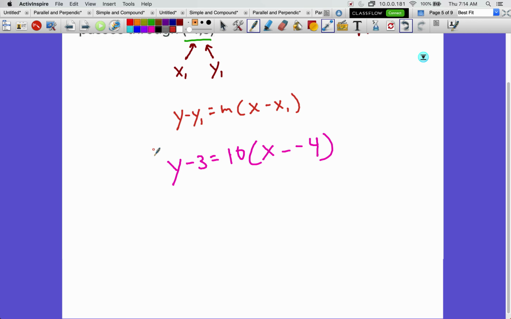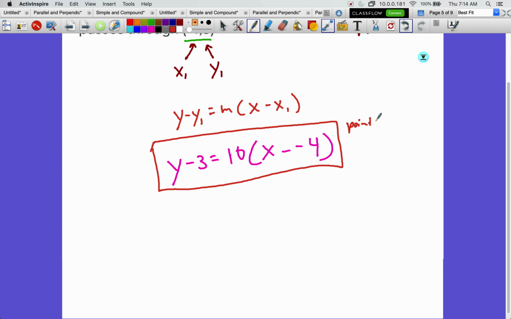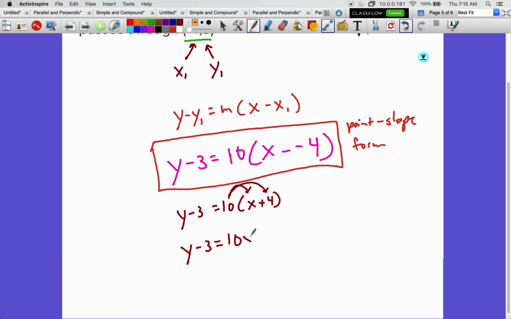So here is our point-slope form equation. But let's convert it now. One thing is that minus a negative can become a plus. So y minus 3 equals 10 times x plus 4. We can get rid of the parentheses by distributing the 10. y minus 3 equals 10x plus 40.